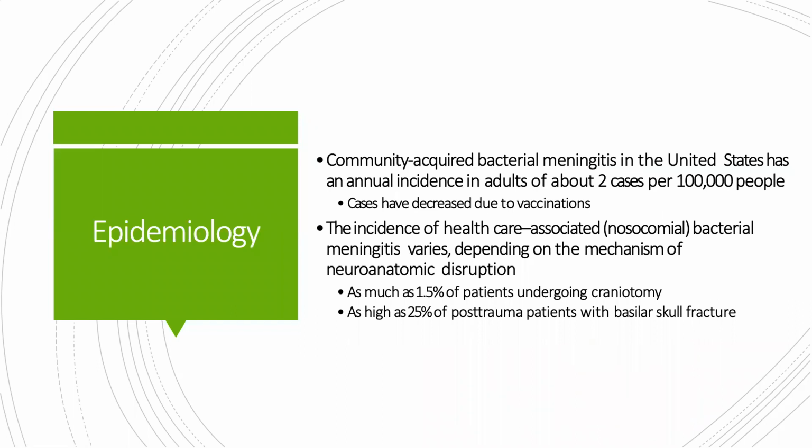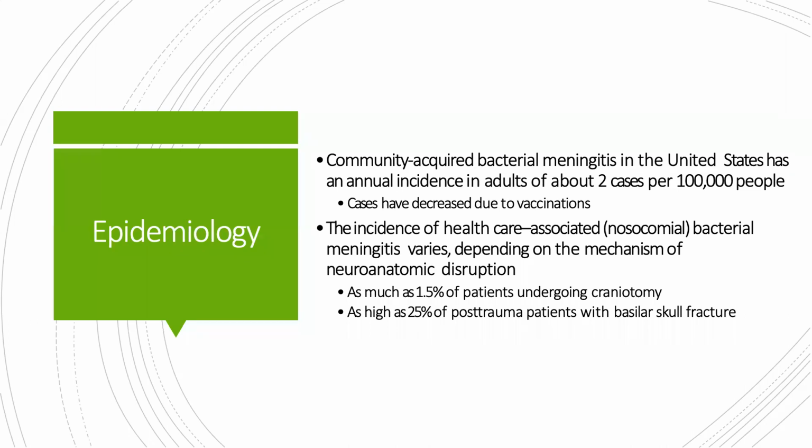So community-acquired bacterial meningitis has an annual incidence in adults of about 2 cases per 100,000 people. So cases have decreased, and this is because of vaccinations. I told you all that there are specific organisms that are typically present in our community-acquired cases, and we do have vaccinations against these. So that's why the cases are not very common for community-acquired.